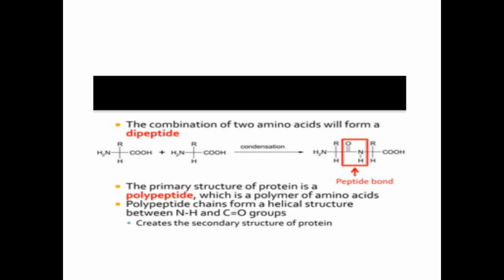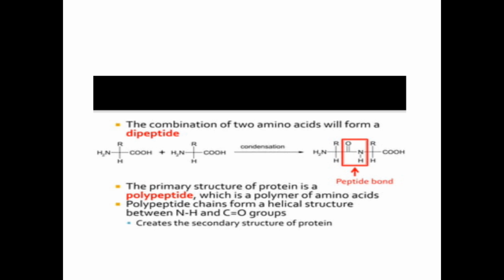If you look at how proteins are formed generally, there is a condensation of this structure, and then they produce what is called a peptide bond. Now, when you have two amino acids combining together, they form a dipeptide. And these are usually linked together by what is called a peptide bond.